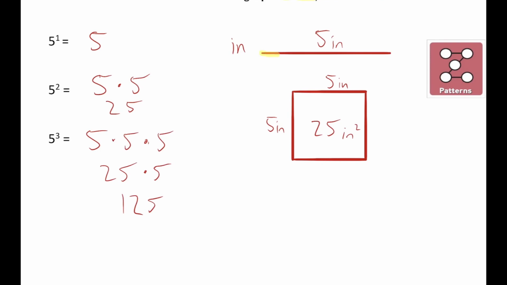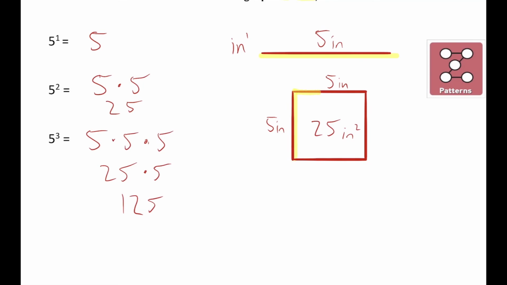And what's important is that in the first example, I'm going in one direction. This is inches to the first power, or inches, right? So it's the same thing. Just like 5 to the first power is just 5, inches to the first power is just inches. It's just going in one direction. It's a one-dimensional object. Here, I'm going in 2 directions.